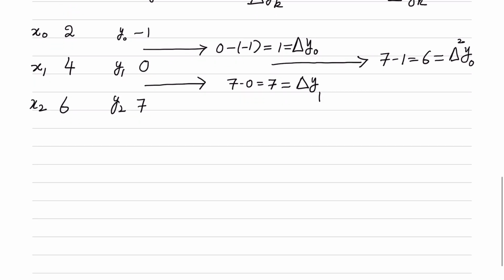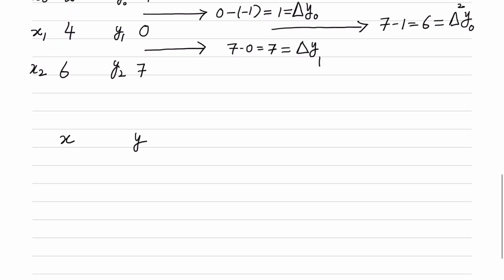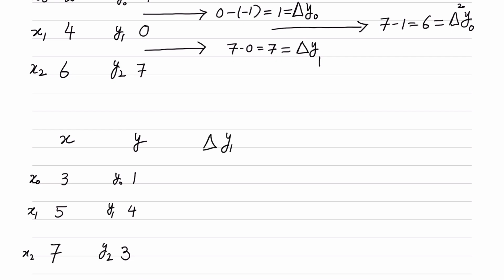Let's very quickly construct another forward difference table. We have equally spaced data 3, 5, 7, 1, 4, 3. So first name the data: x0, x1, x2, y0, y1, y2, forward yk column, forward square yk column. Let's make the table. 4 minus 1, 3. 3 minus 4, minus 1.